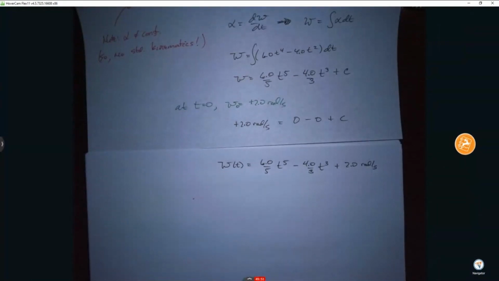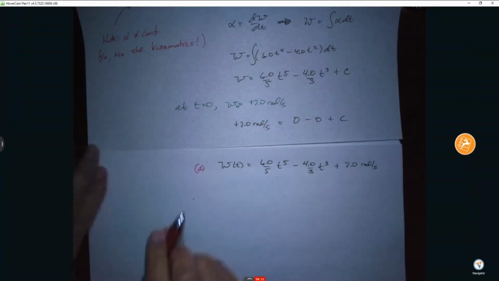So there's our omega value. We could evaluate this at other times, or whatever they might ask. I think they only asked us to determine the expression for the angular velocity and the angular position as functions of time. So this answers the first part of the question.